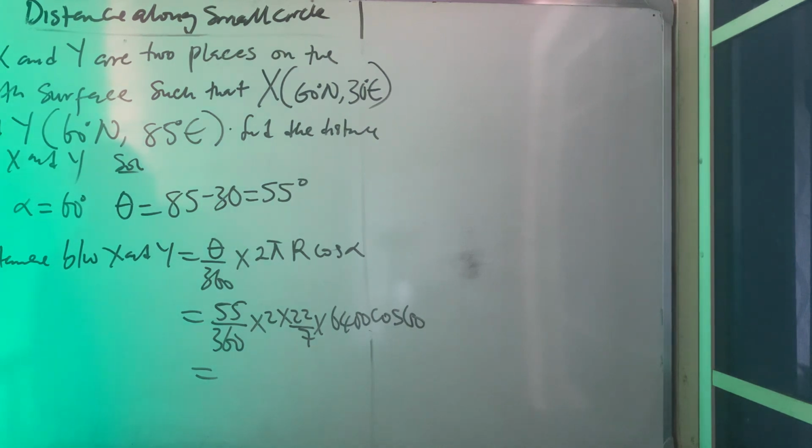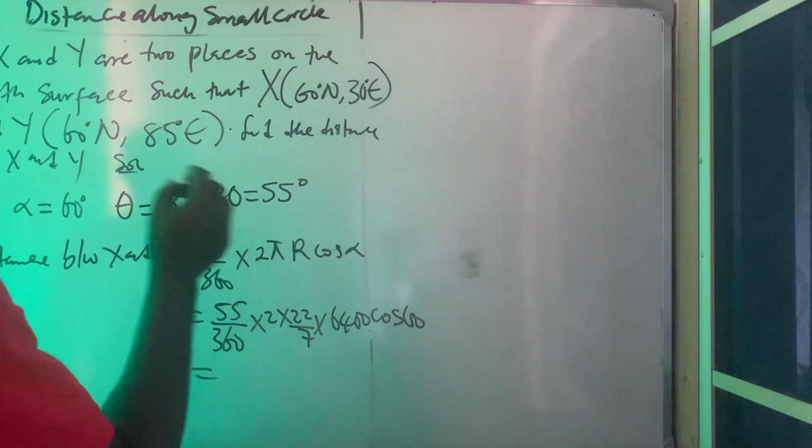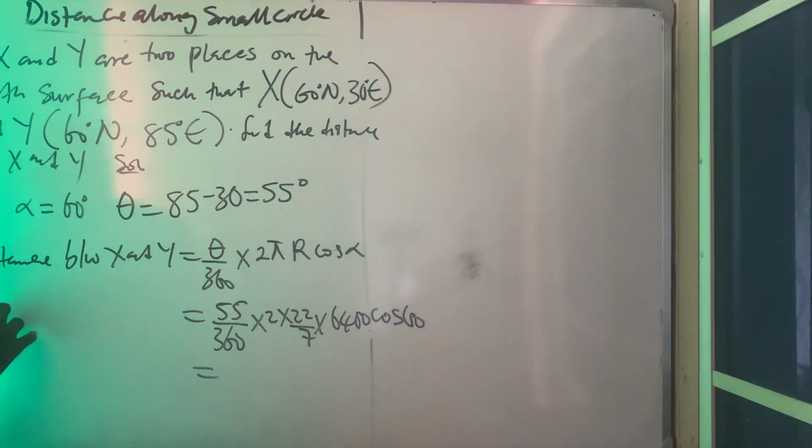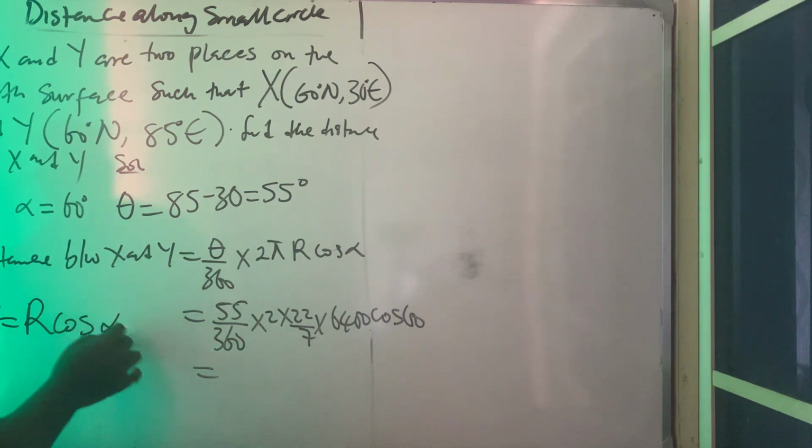All right. So they can decide to ask you only the radius of the small circle. Look at what they asked there: if the radius of the earth is 6,400, find the radius of the parallel of latitude. You know that the radius of the parallel of latitude is given as small r, and small r is equal to big R cos alpha.